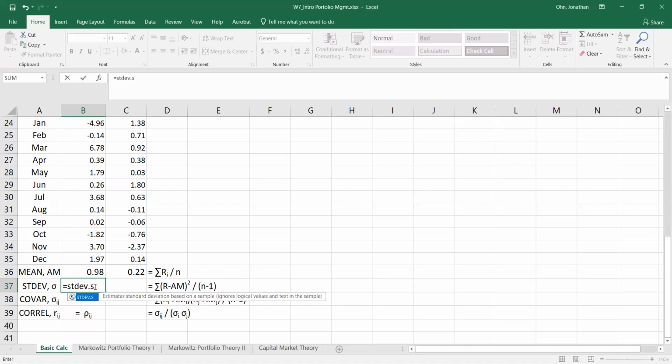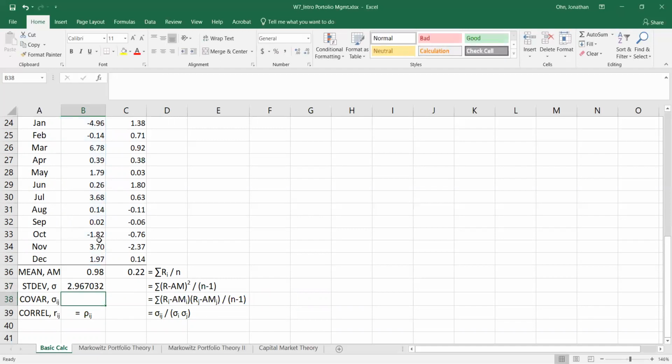You highlight these 10 and 12. That's the sample standard deviation. You get 2.96%. So let's decrease it.